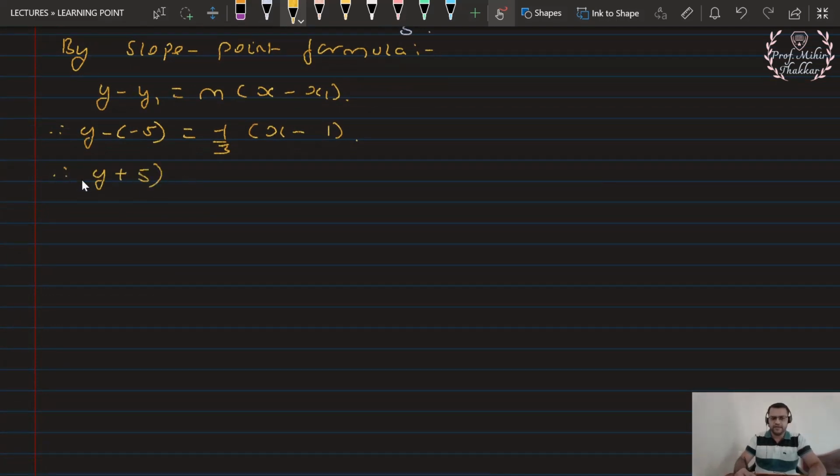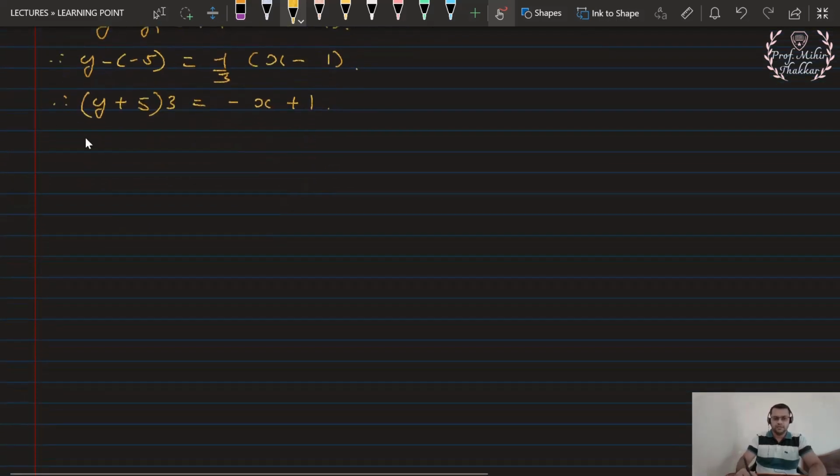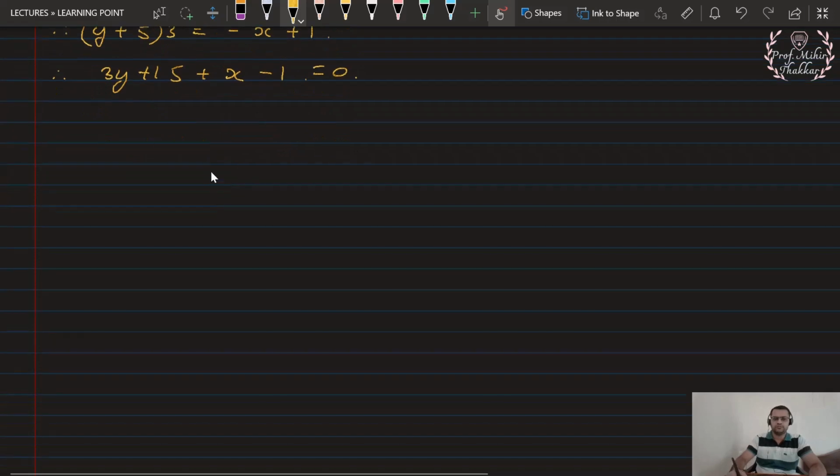Therefore (y plus 5) multiplied by 3 is equal to minus x plus 1. Carefully open these brackets, 3y plus 15, and take these both elements on the left side, so it becomes plus x minus 1 is equal to 0. Therefore what is the equation of the normal, guys? You will get x plus 3y plus 14 is equal to 0.